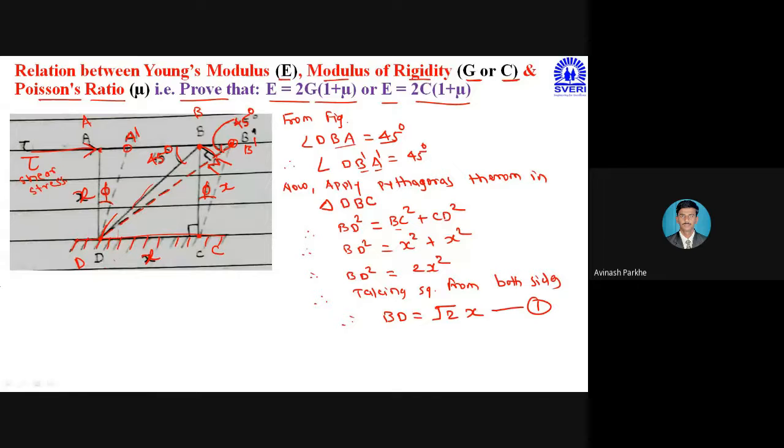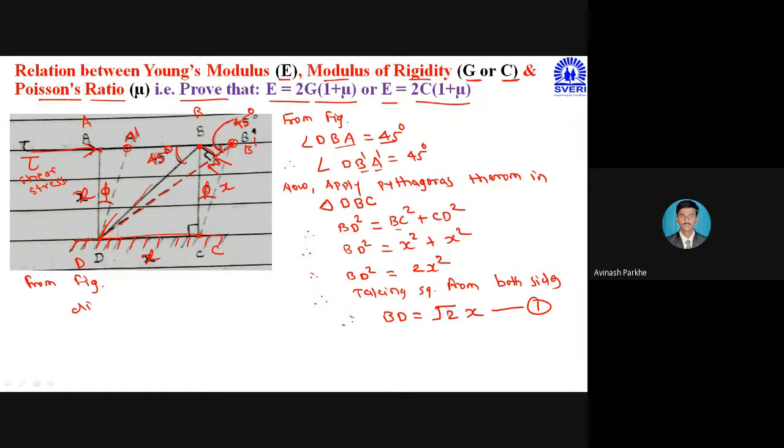Now just tell me from the figure, whatever the shear stress is applied from the left side, it consists of two diagonals, diagonal BD and diagonal AC. If I join point A and point C, you will get the diagonal AC also. Already I have represented the diagonal BD.